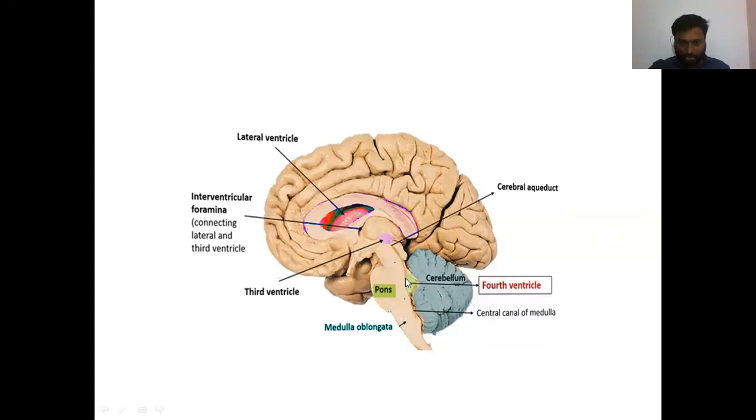Posterior surface means the posterior surface of the pons and the posterior surface of the medulla. So this area forms the floor of the cavity, and see the cursor, this area forms the roof of the ventricle. This one is the floor of the ventricle, and this one is the roof of the ventricle.